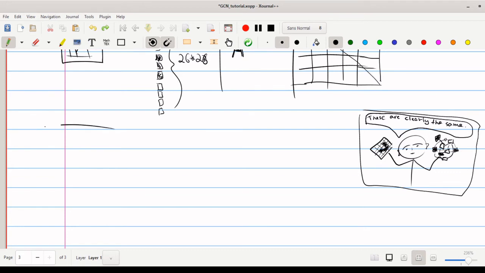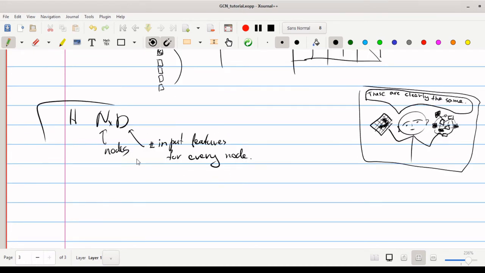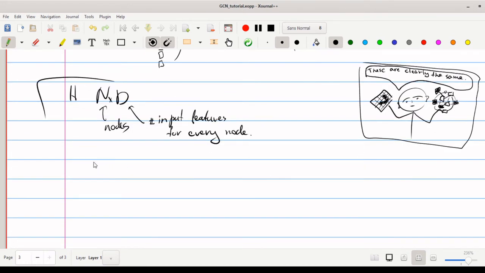So first of all, we have H, which would be the matrix of size n by d, where n is the number of nodes and d is the number of input features for every node. So this is one element that we have.